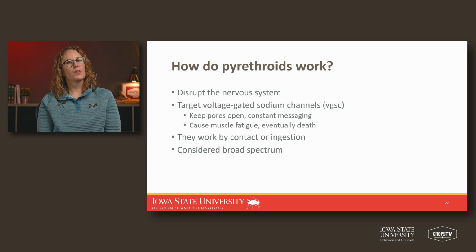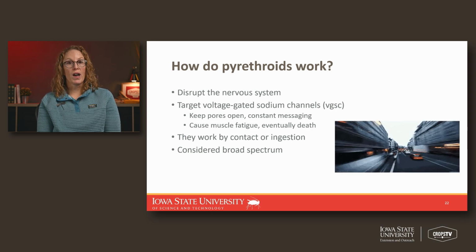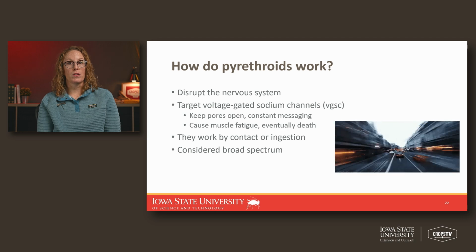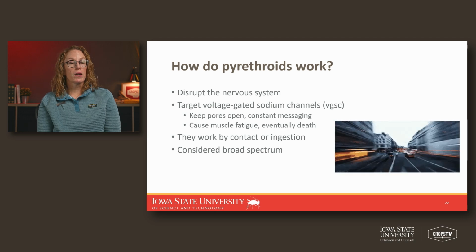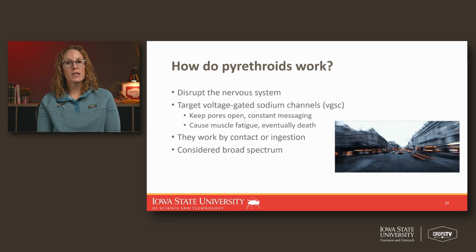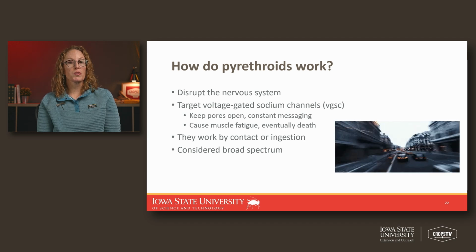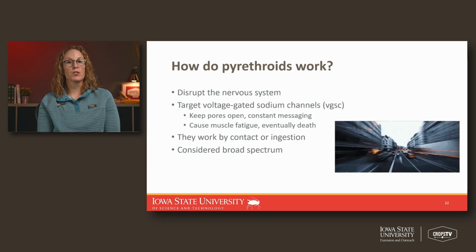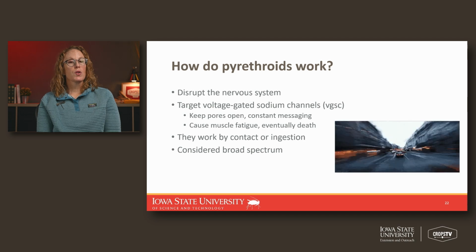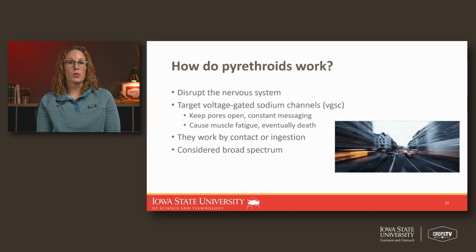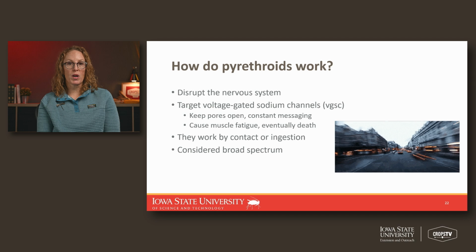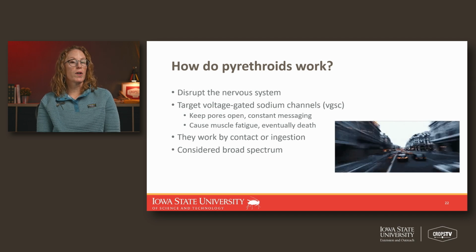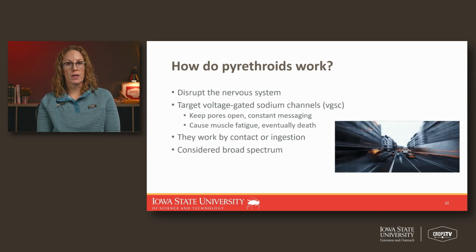But when an individual is exposed to a pyrethroid, it keeps those channels or pores wide open, and you have constant messaging to that nervous system. And eventually it causes muscle fatigue and death because those muscles are working so hard they never get a chance to rest or break. So pyrethroids work by contact or ingestion, and they would be considered broad spectrum. So they are effective on a wide variety of insects.